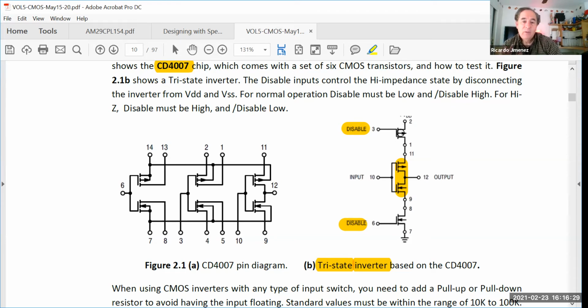And that's what we call low impedance. It is working as a regular inverter. But when you want to disconnect this from the power source, this one will be disabled, disabling the connection to ground, and this one disables the connection to voltage. So they will be floating, in high impedance.